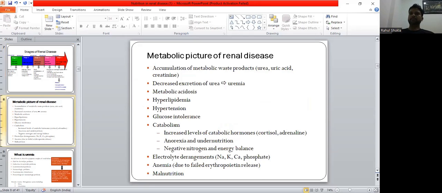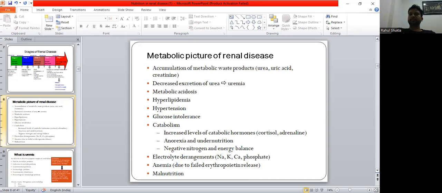Now coming to the metabolic picture of renal disease. Because of accumulation of metabolic waste products, urea, uric acid, and creatinine, there are clinical disturbances like anorexia, nausea, and several abnormalities.